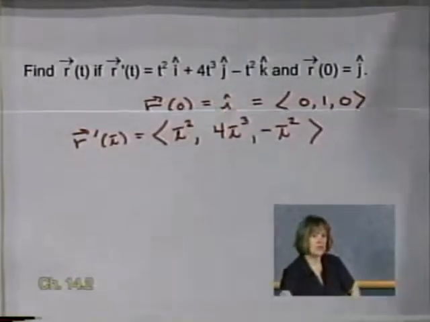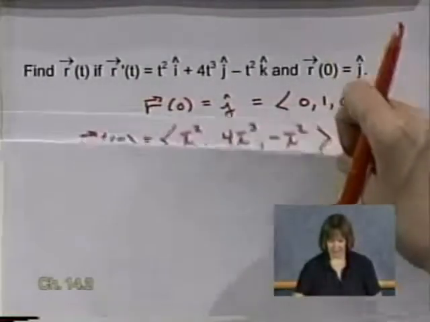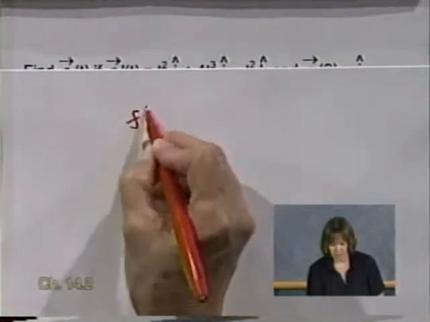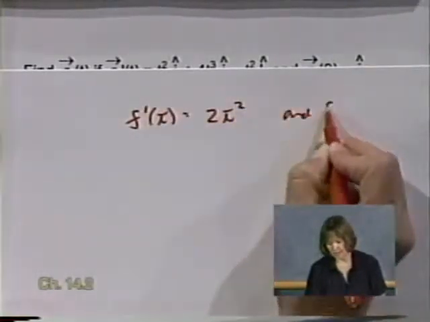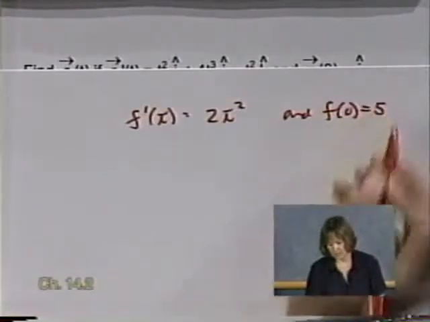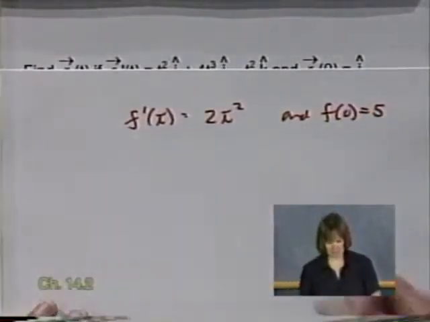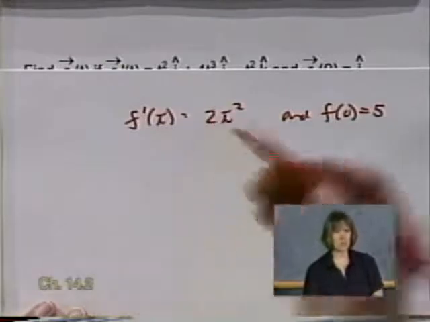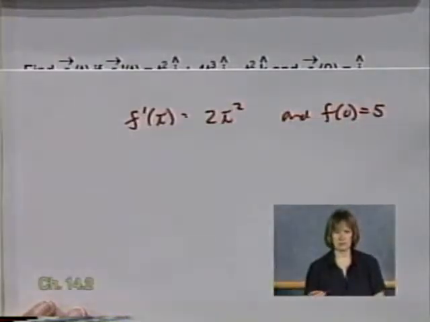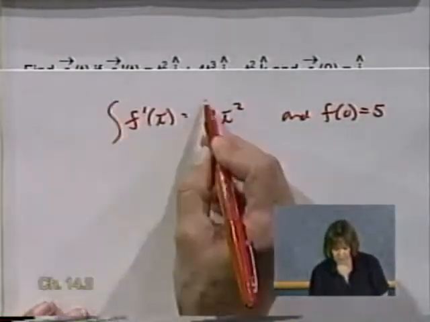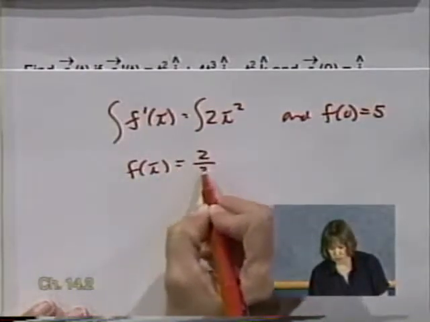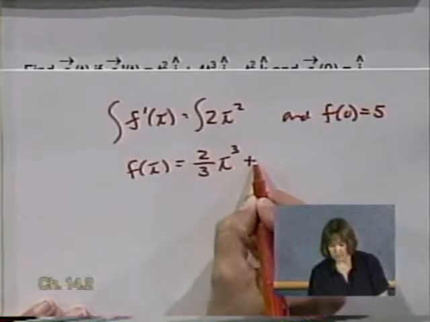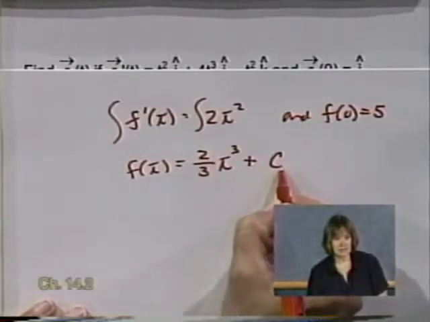Now back in your Calc 1 days, if I told you f prime of t was 2t squared, and let's say f of 0 is 5, and you wanted to find out what f of t was, what would you do? Integrate. You would integrate both sides, and f of t in this case is 2/3 t cubed plus a constant, right?